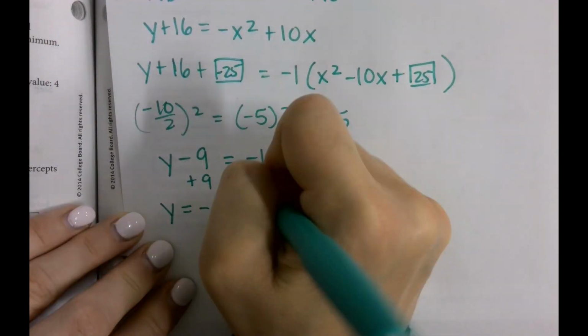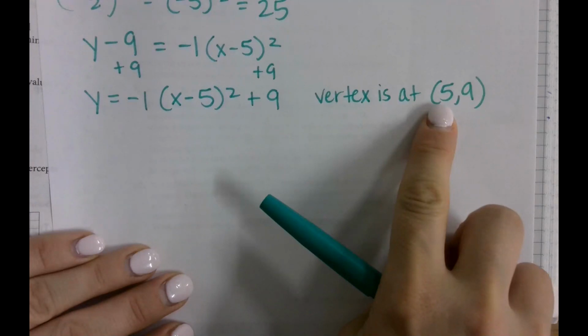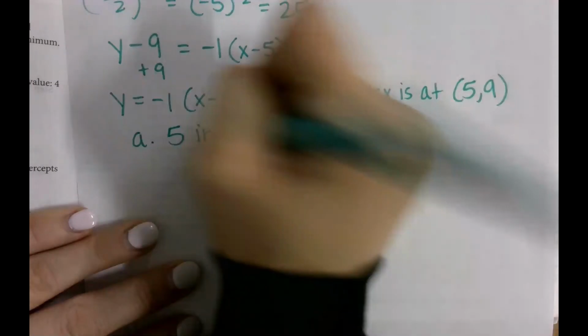Y equals negative x minus 5 squared plus 9. Now we're in vertex form. So going back to the question for A, how far is the vertex, which is at 5, 9, then I know that the center would be 5, and this is like a little mini railroad model, so that's 5 inches from the cliff.